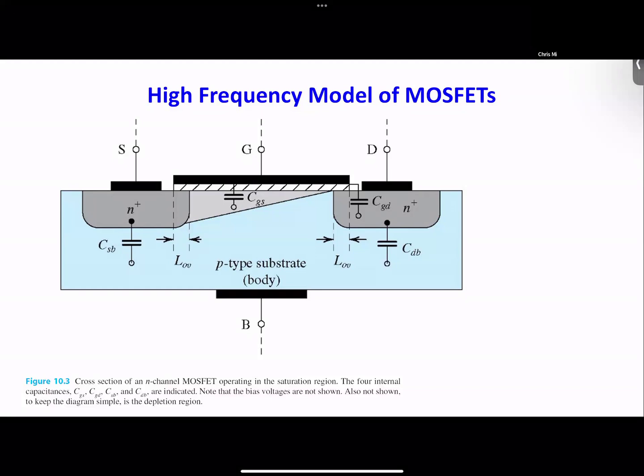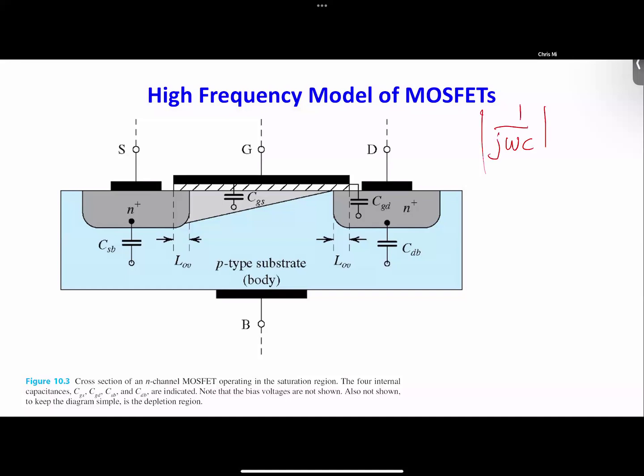Now, if we move a little bit toward high frequency, what happens? The impedance of a C is 1 over omega C. If we look at very low frequency, it becomes like an open circuit. 1 over omega C is infinity. It's okay, no problem.